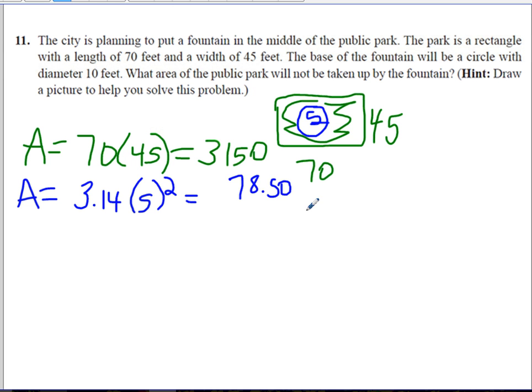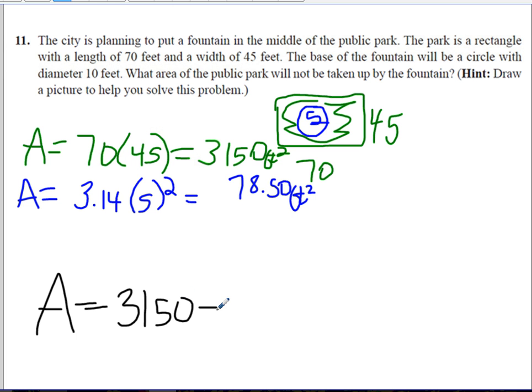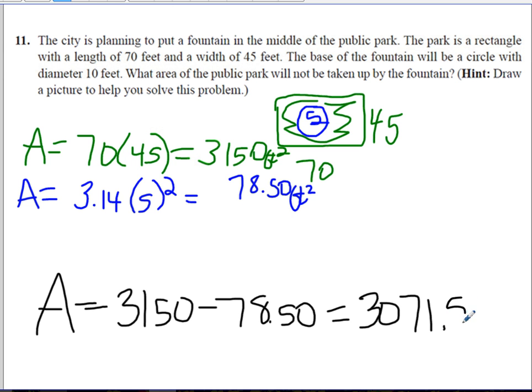And so let's put our units there of feet squared and add our units of feet squared to the area of the park. And so our total area that's not taken up by the fountain would be 3,150 minus the 78.50 to give us a total of 3,071.50 square feet.